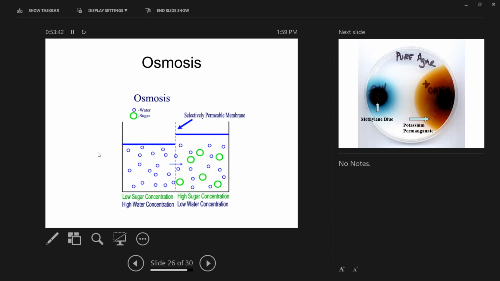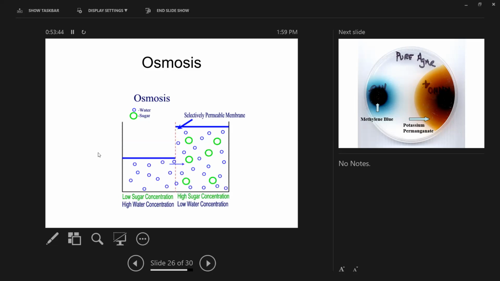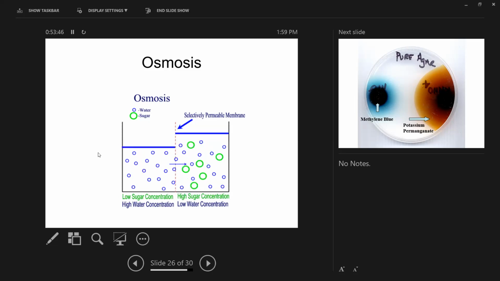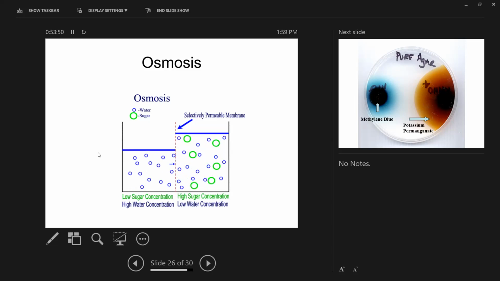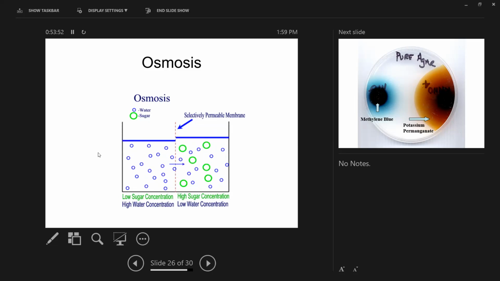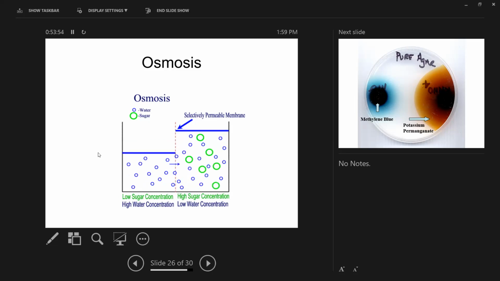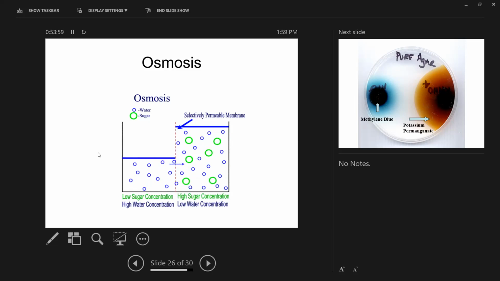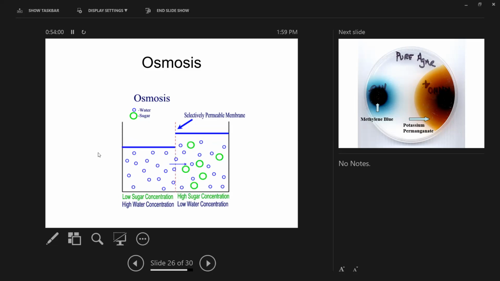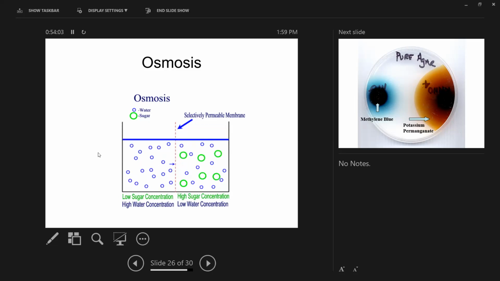If the water content in the interstitial fluid drops because we're dehydrated, the salt concentration goes up, not because we've added more salt, but because there's less water. So if the inside of a cell and the outside of a cell are at 0.9% sodium chloride and we're in equilibrium, everybody's happy.